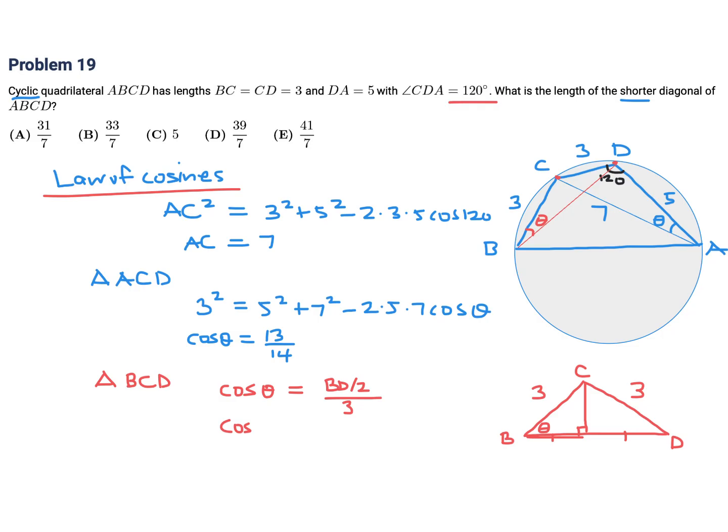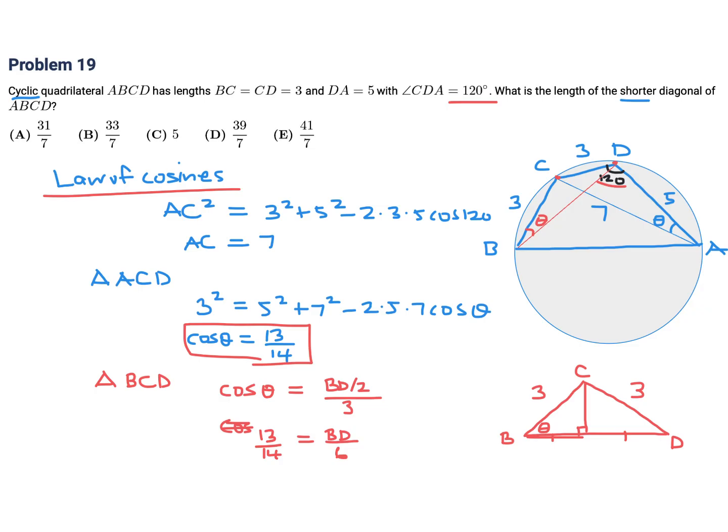And that's, hold on, wait. Sorry about that. 120 is not theta. 120 is up here. Cos of theta is right there. So I can just put 13 over 14 there. You got to make sure I do this properly. And then BD over 2 divided by 3, that would just be BD over 6.